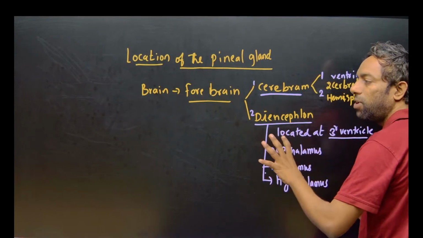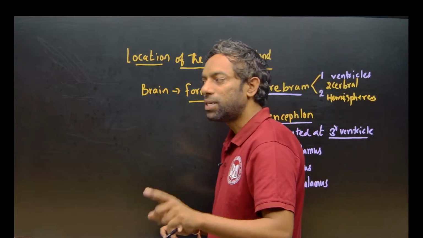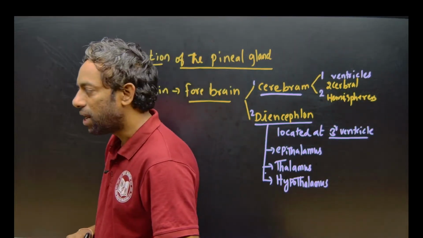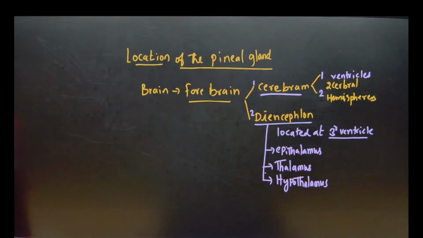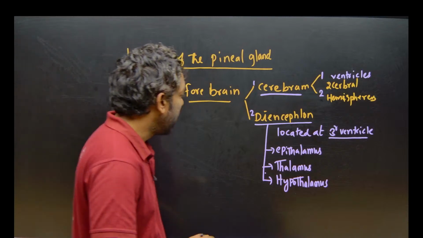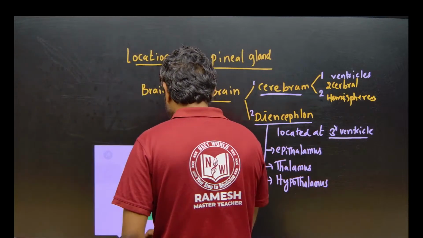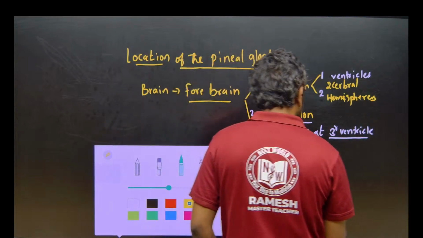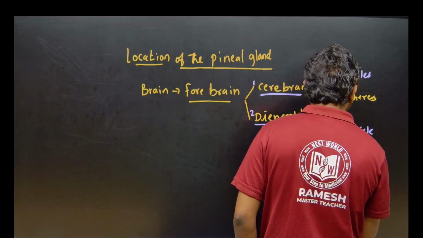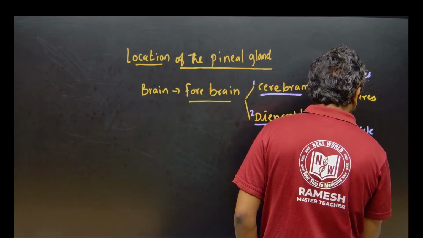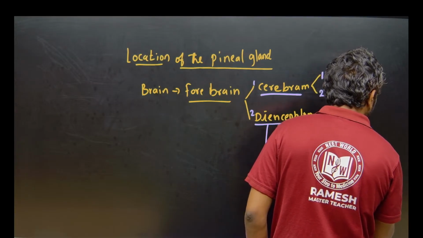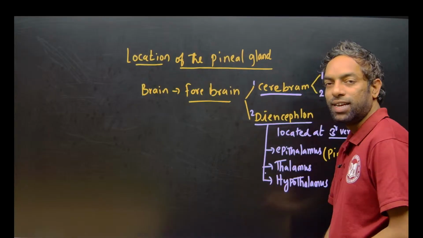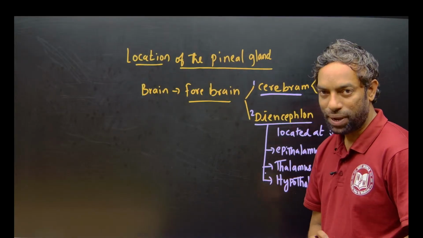Its parts are epithalamus, thalamus and hypothalamus. Epithalamus has another name, the pineal gland.